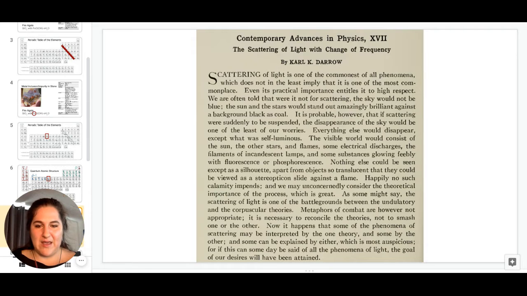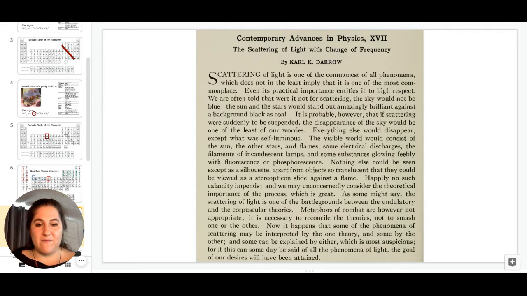Happily, no calamity impends, and we may unconcernedly consider the theoretical importance, which is great. As some might say, the scattering of light is one of the backgrounds between the undulatory and the corpuscular theories. Metaphors of combat are, however, not appropriate. It is necessary to reconcile the theories, not to smash one or the other.